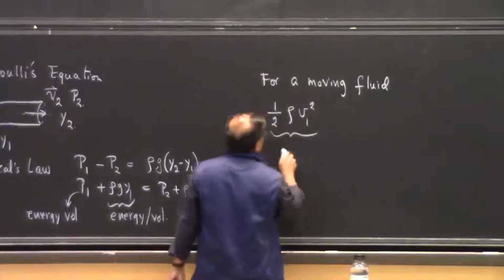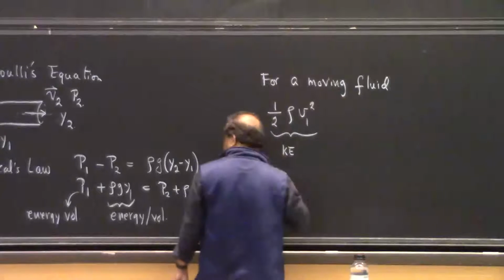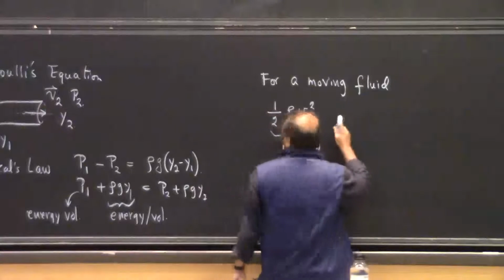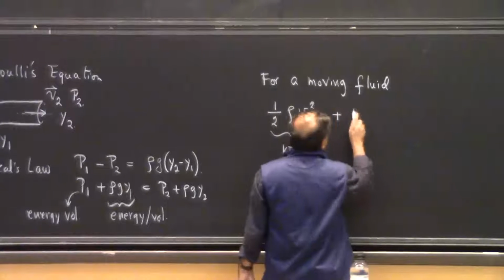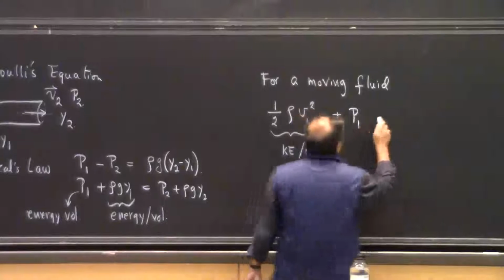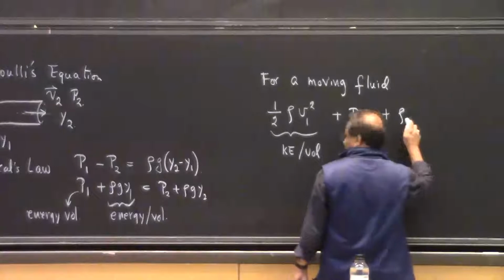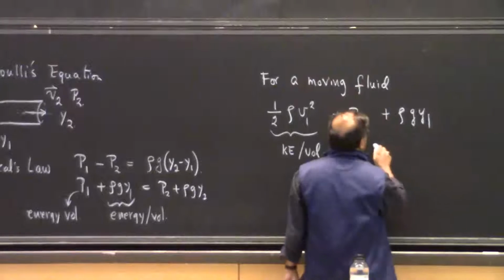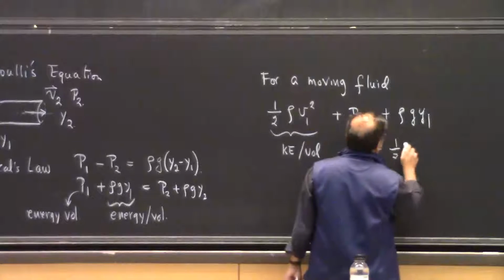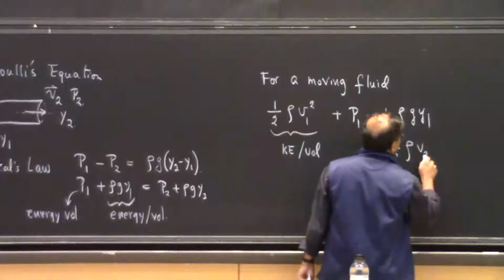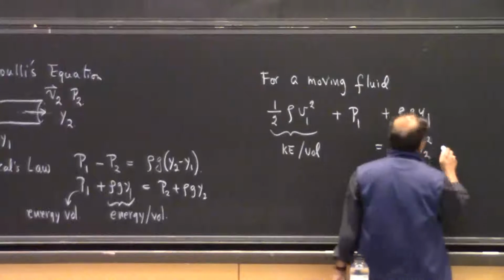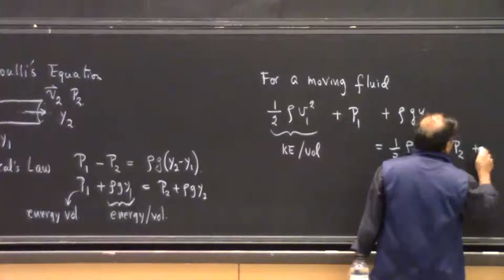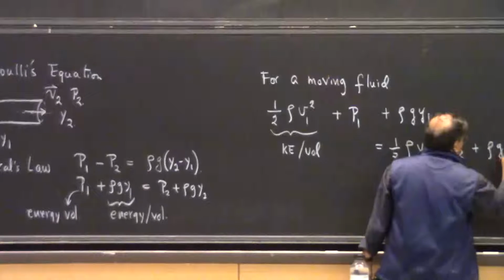That would be the kinetic energy over volume, plus P1, plus rho g y1, is equal to 1/2 same fluid rho V2 square, let's say density is not changing, plus P2, plus rho g y2.